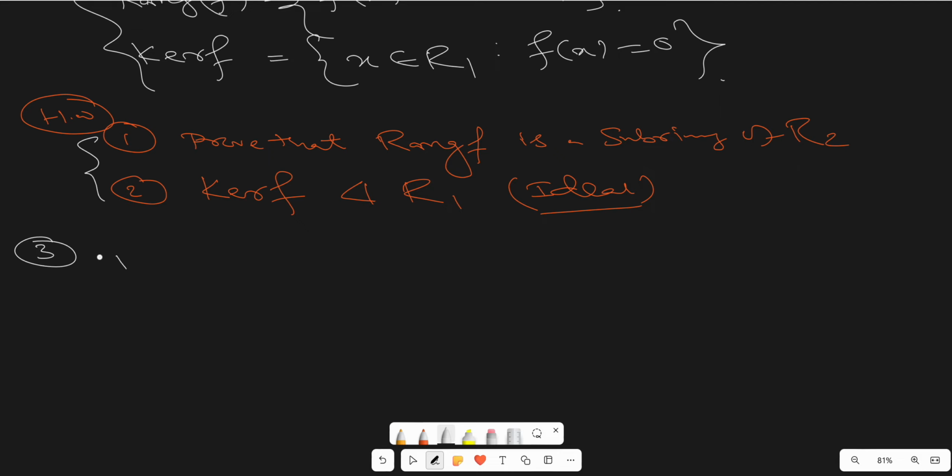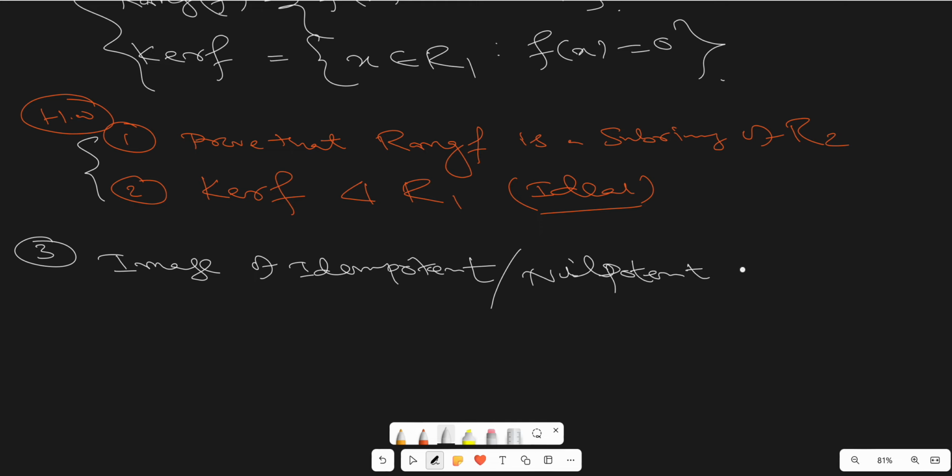So the image of an idempotent or nilpotent element under a homomorphism is idempotent or nilpotent.